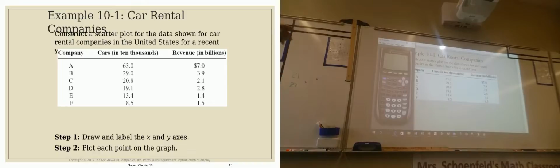If it's not exactly how you want it, make sure you're paying attention to your scales. So if I do my trace, it will tell me what each of my little dots are. I guess you have to use left and right to move around. But it moves them in the order that you typed them in, not in any other order.